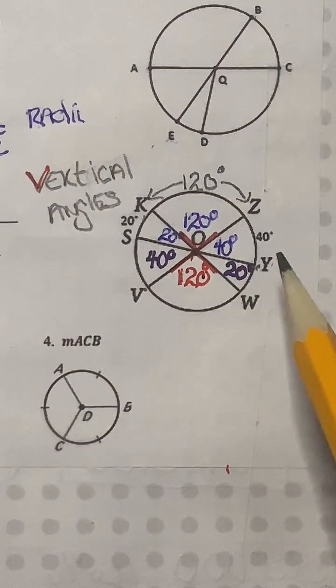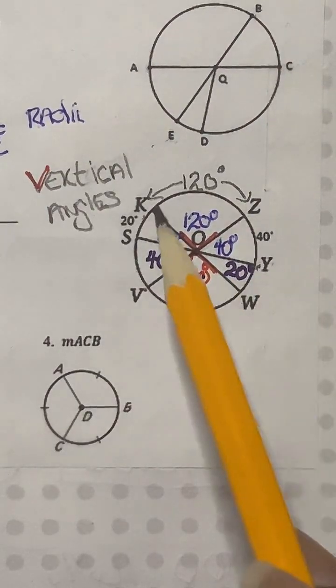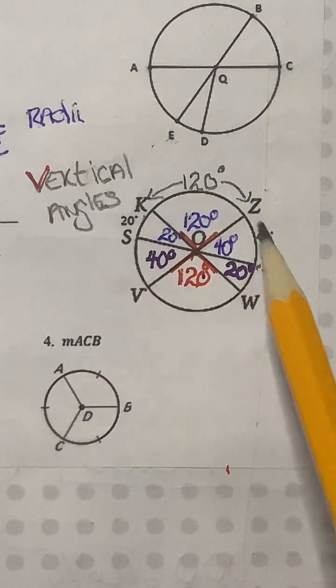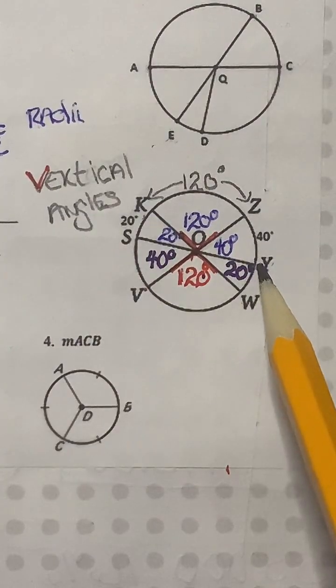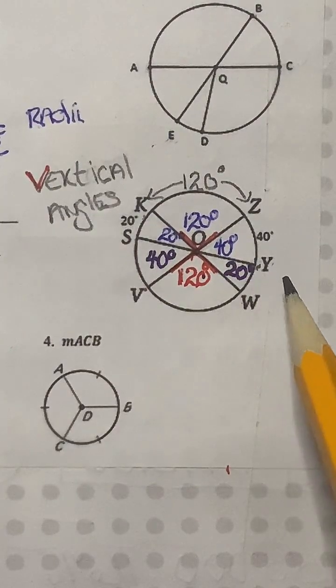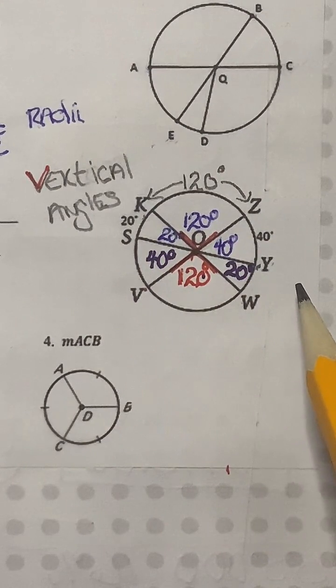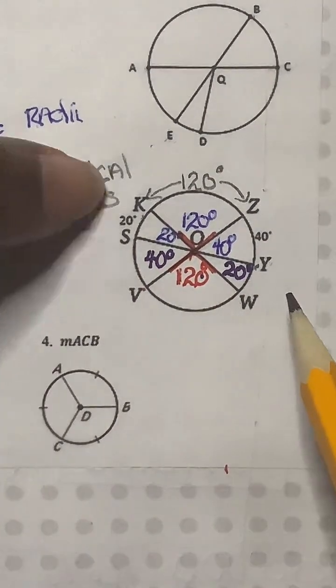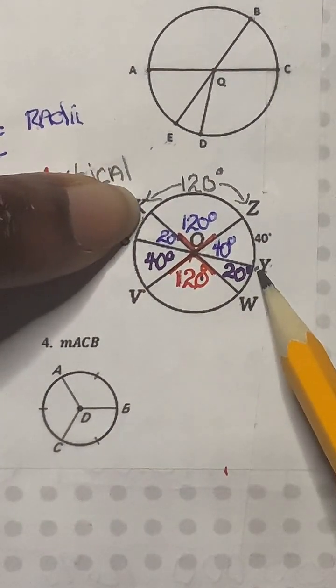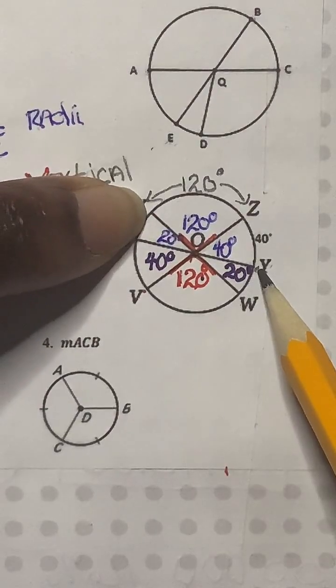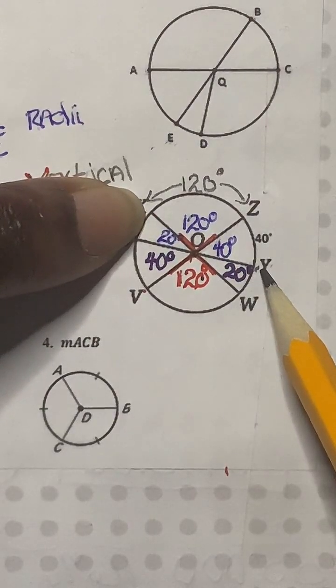Go ahead, put it in the chat. How would I find that? What is my arc measurement?